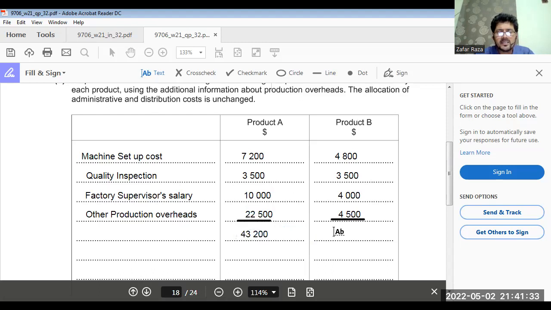And we have 16,800. After that, we'll take direct materials. Direct material we will take from previous.